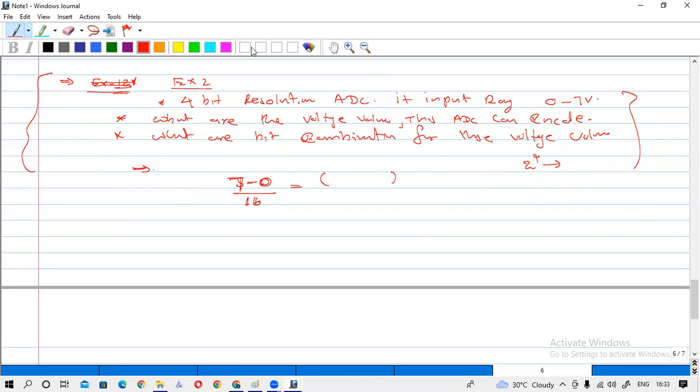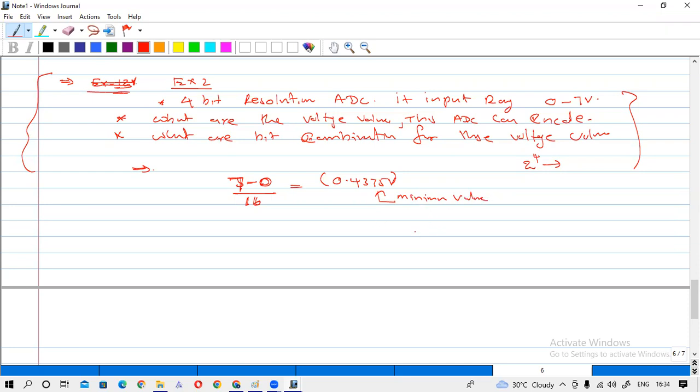It is 0.4375. So this is the minimum value you can represent.